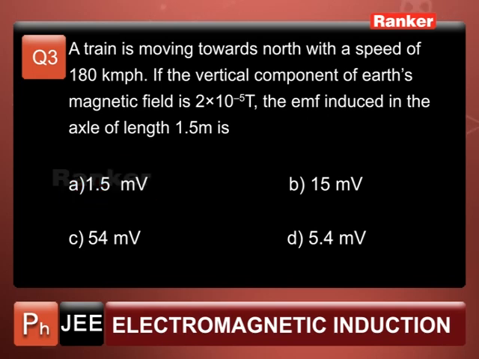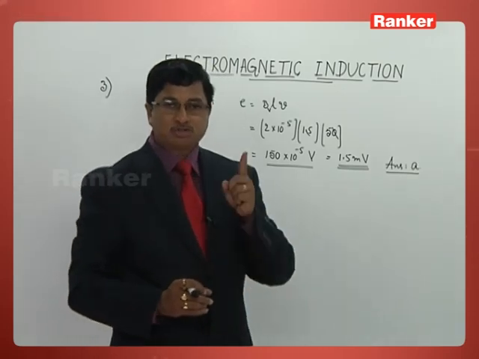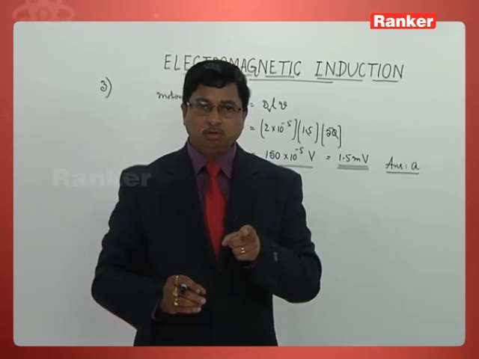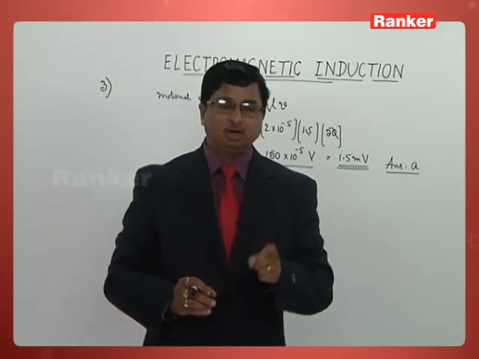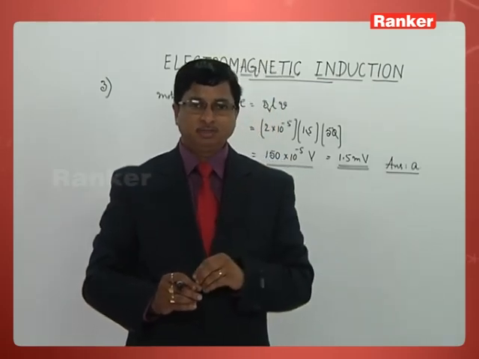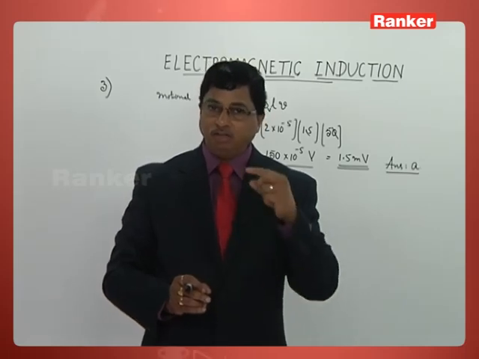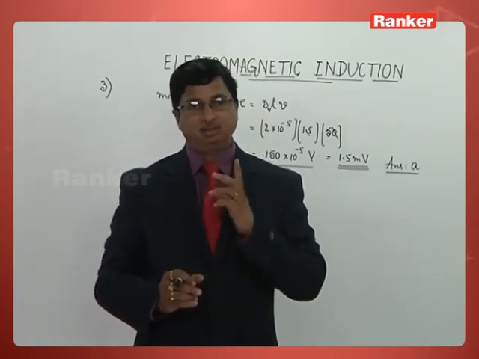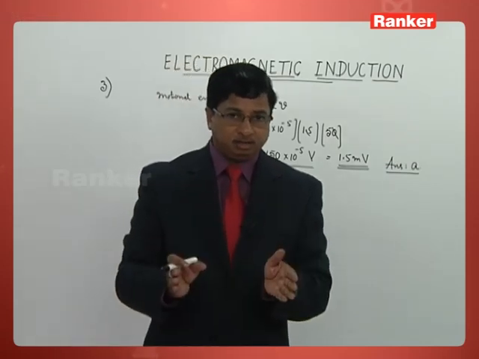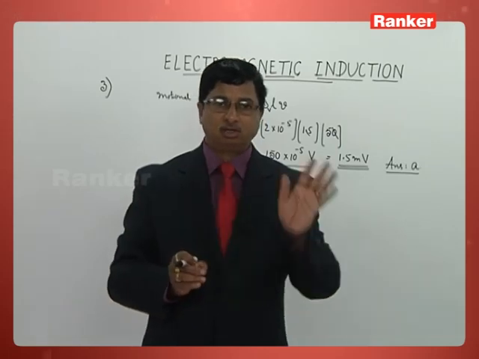The only point you should understand in this is whether the motion of the train is perpendicular to the magnetic field or not. If not perpendicular, it should make some other angle other than 0 or 180. Then only will you find the induced EMF, otherwise not.